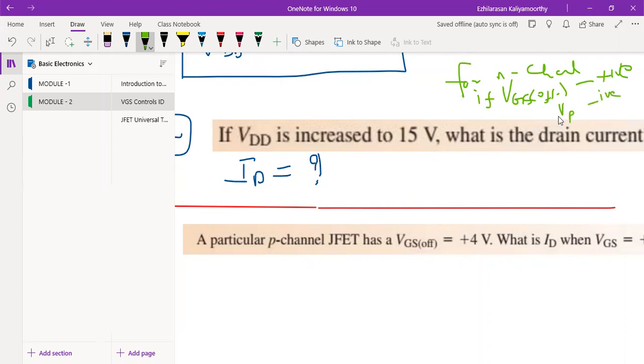Same way even here also, but N channel JFET will work when VGS is negative. For P channel VGS will be positive. VGS is different from VGS(off). Keep in mind. So now here we said what will be the answer of ID when VGS is equal to. So what is the solution?